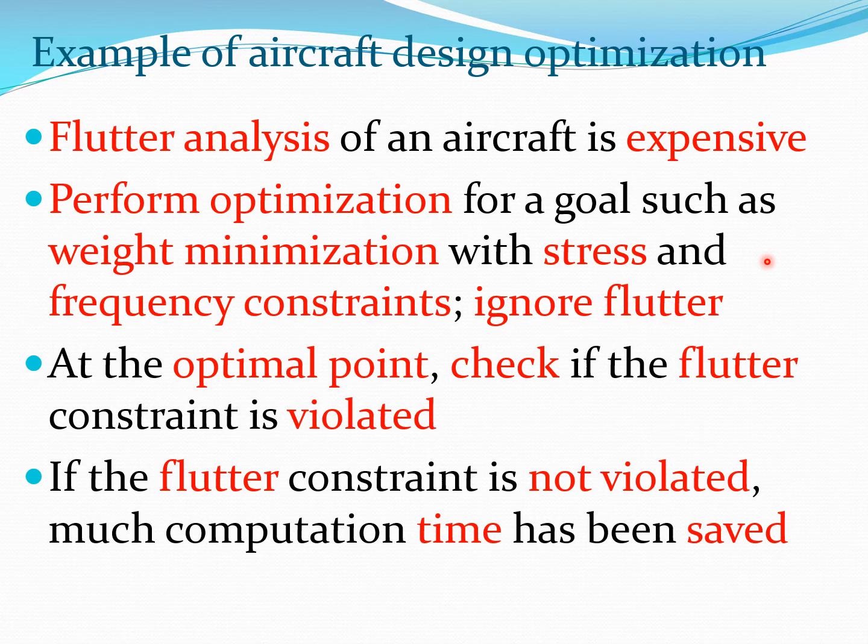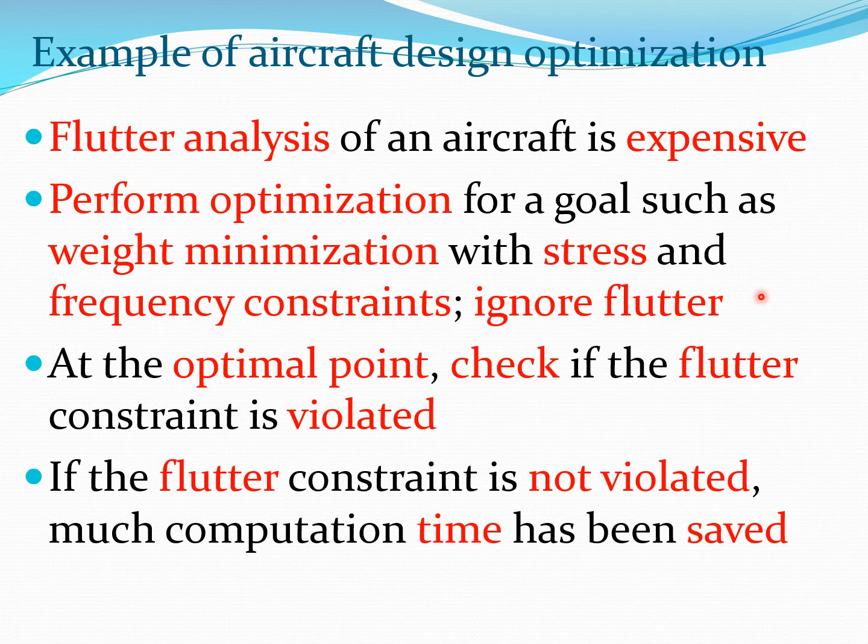The frequency constraints may ensure that you do not have certain vibration phenomena known as resonance, which can cause structural failure. Now, there is one more problem which happens in flight vehicles, and that is that of flutter, which can happen at certain flight speeds when there is a problem which can cause the whole system to break up and has devastating consequences. Now, the flutter constraint is actually computationally very expensive.